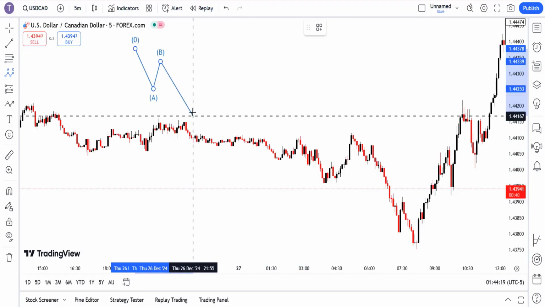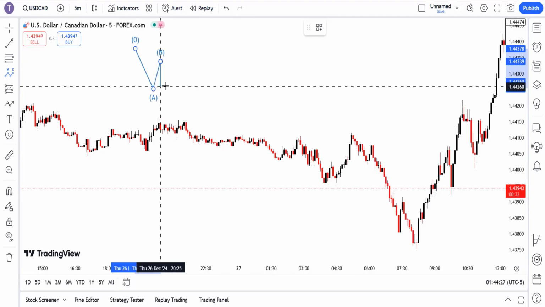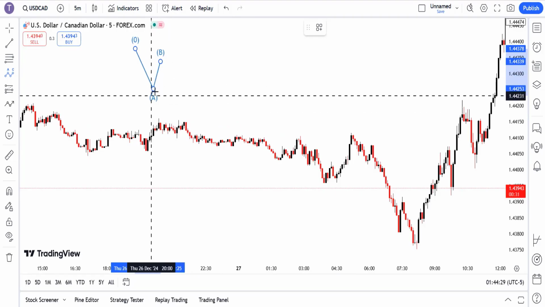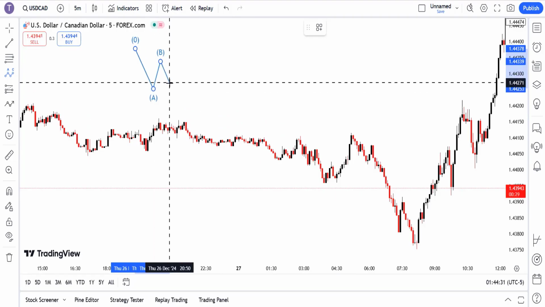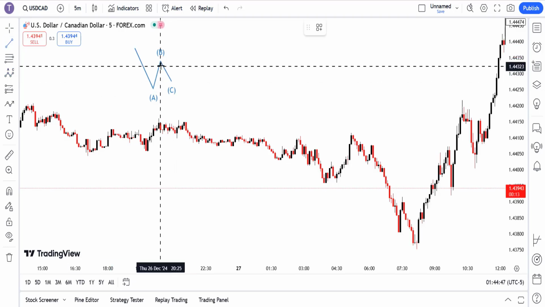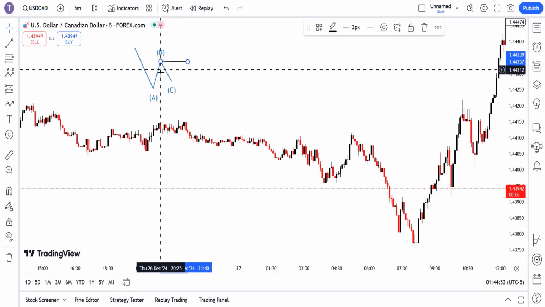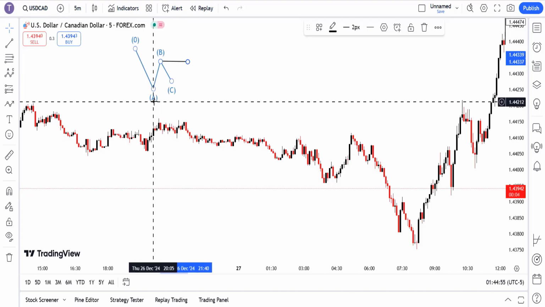After that, you notice that the C leg cannot take out this A leg, which we understood earlier. What do you do? You look for a breakout above this B, which is called the number 2 reversal. This A is 1, this B is 2, and this C is 3.